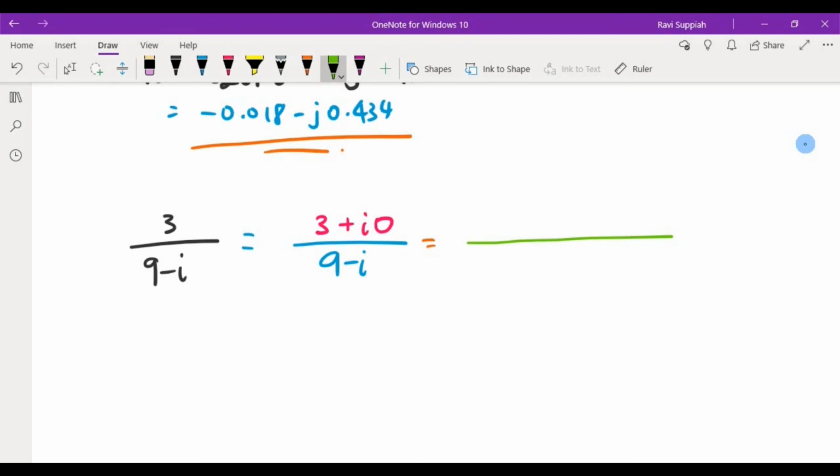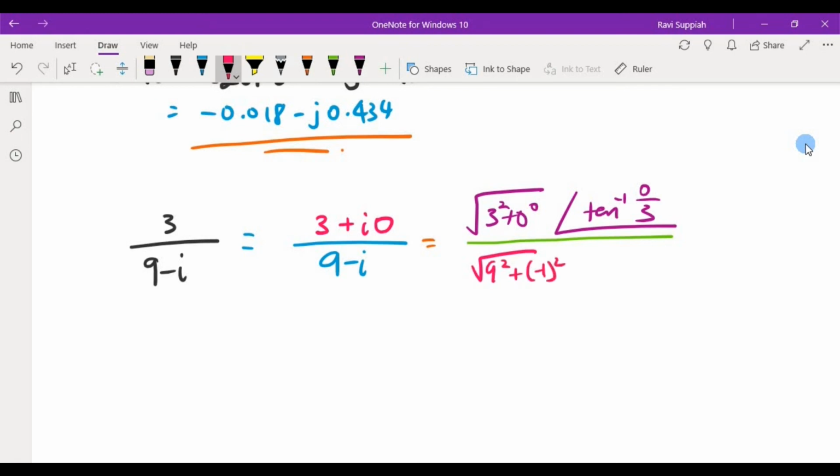So let's proceed. The numerator will be the square root of 3 squared plus 0 squared, with angle inverse tangent of 0 over 3. For the denominator part, you have the square root of 9 squared plus minus 1 squared, and the angle is inverse tangent of negative 1 over 9.